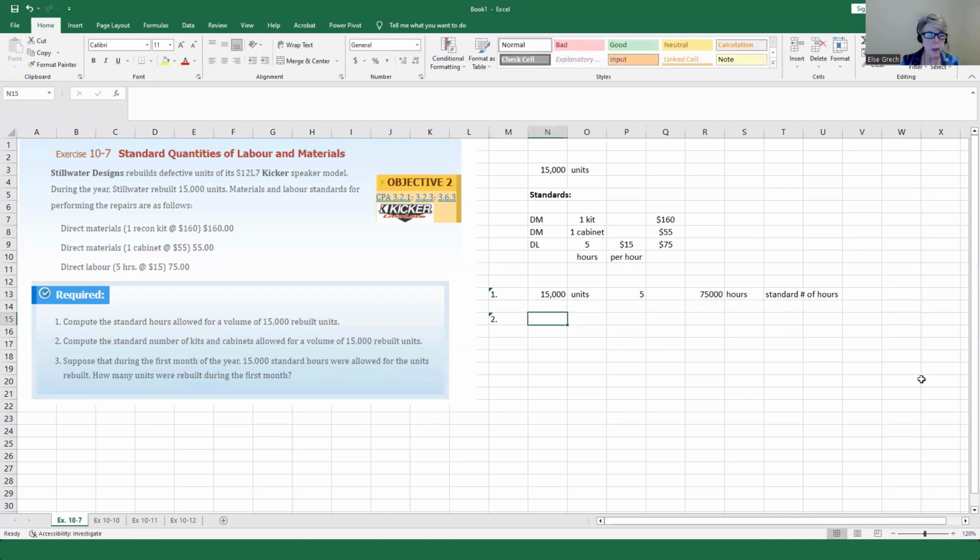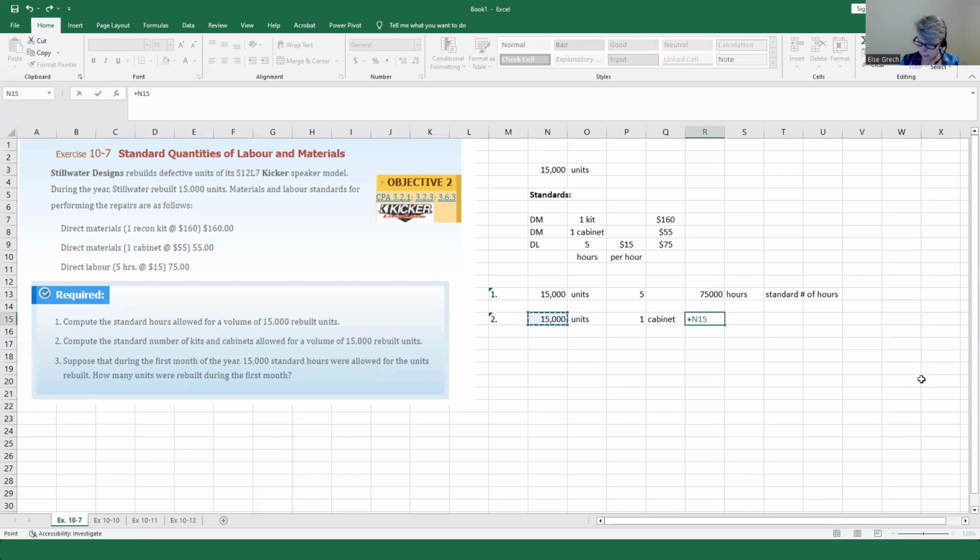Question number 2 says, compute the standard number of kits and cabinets allowed for a volume of 15,000 rebuilt units. So again, we've got those 15,000 rebuilt units, and they're saying, okay, how many cabinets do we need? Well, actually, I just need one cabinet each.